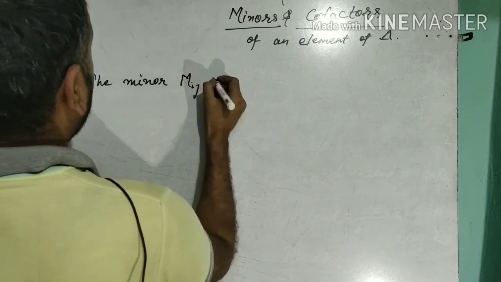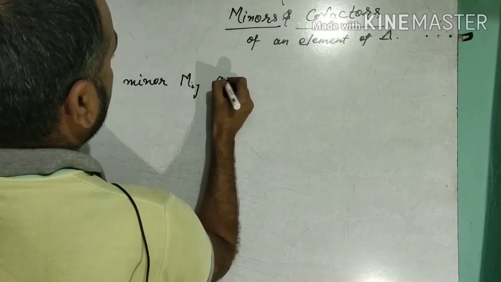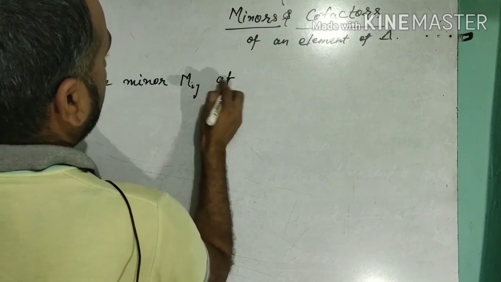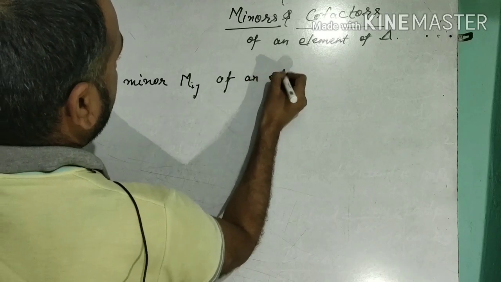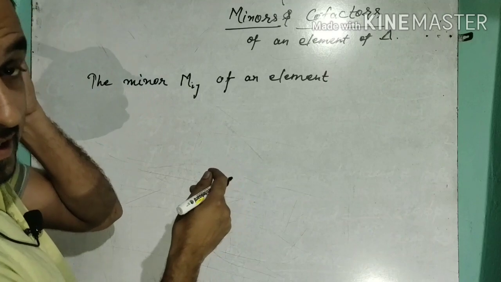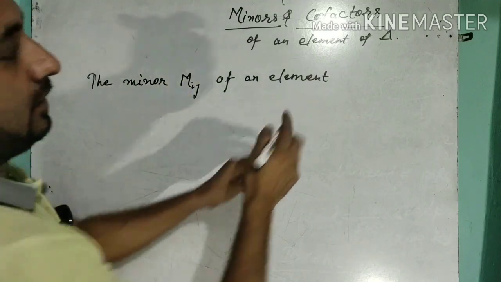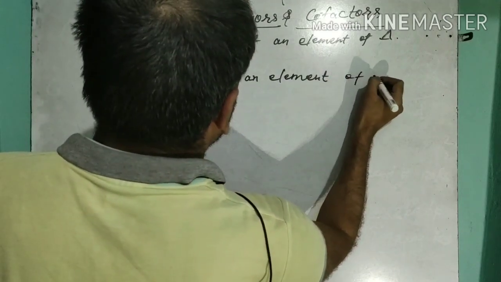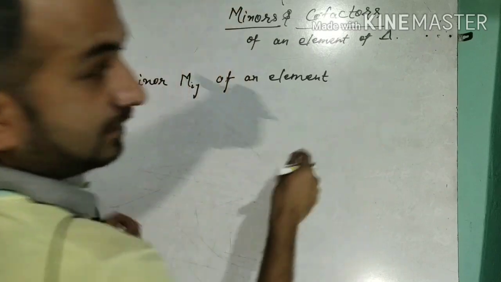The minor Mij of an element, and what is the element?